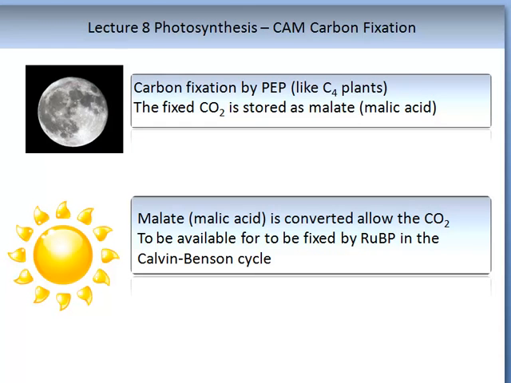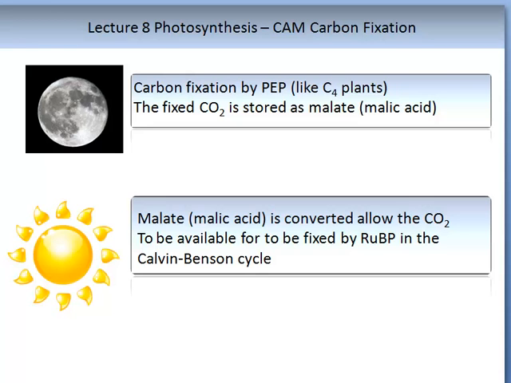This diagram sums the overall process of CAM carbon fixation. On the top we have a picture of the moon indicating the night. During the night, the stomata are open. CO2 is allowed into the plant and carbon fixation occurs by the process of PEP. You will remember this from the C4 plants, and it is identical. The fixation of the CO2 is stored as the compound malate, also known as malic acid.